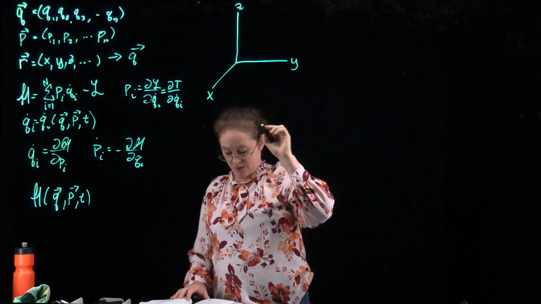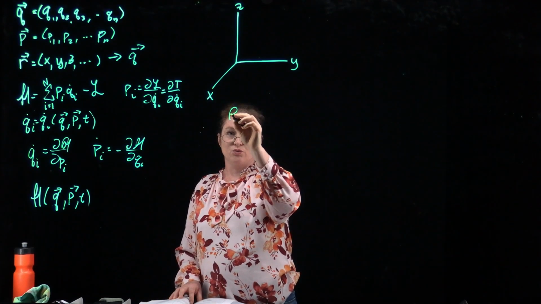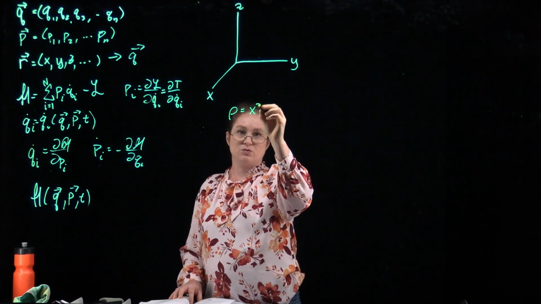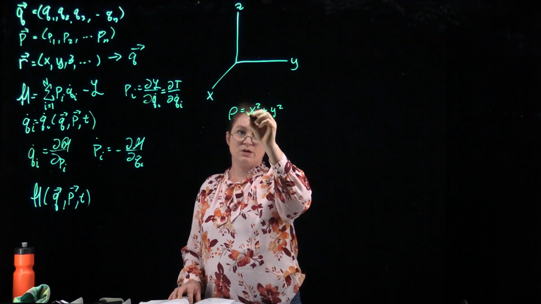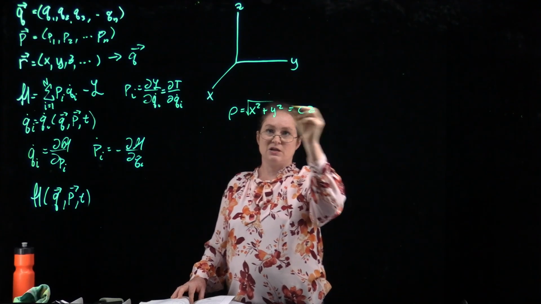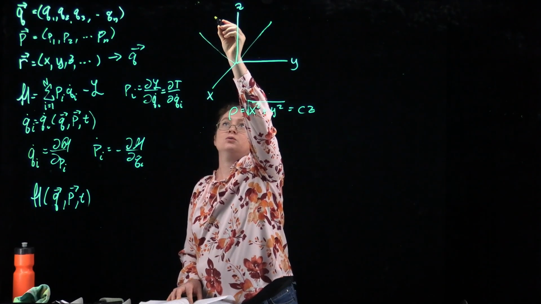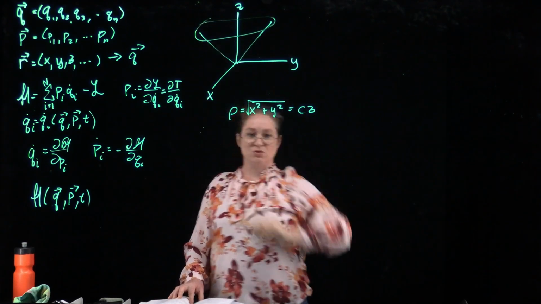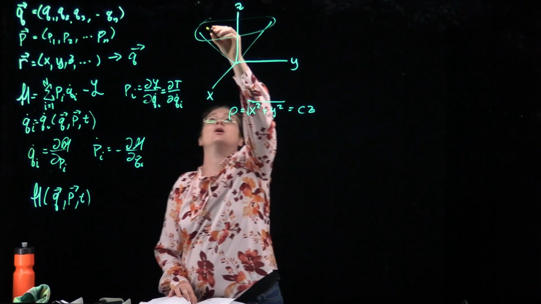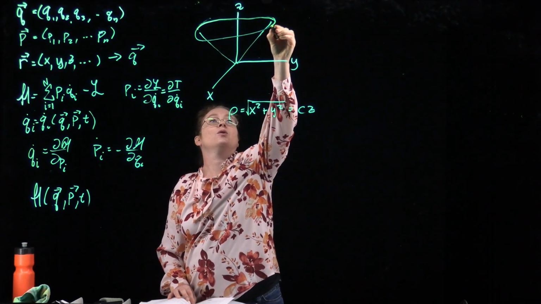And we will describe our cone as rho, which is equal to the square root of x squared plus y squared, equals c times z. So it is constrained to move in a cone. That's not the world's best drawing. You can always go to the book for better artwork.